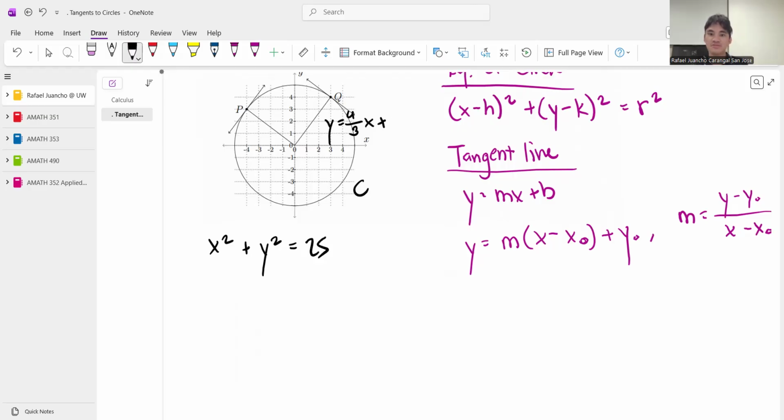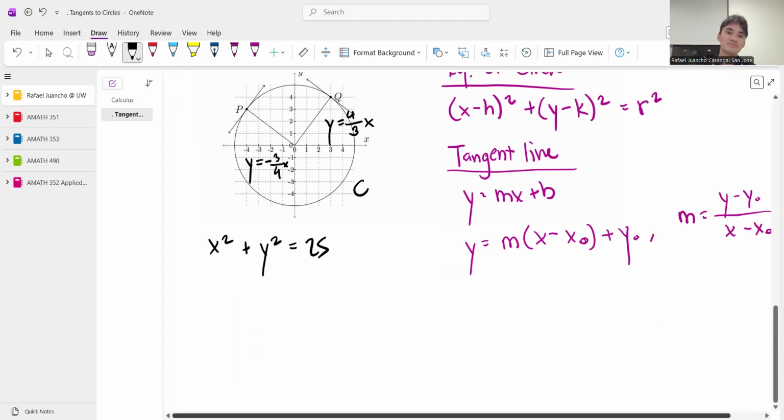This is plus 0, so I then need to write a b. So that's this line. This other line would be y equals, rise of 3, run of -4, so -3 over 4 x. That's this other line. Okay.